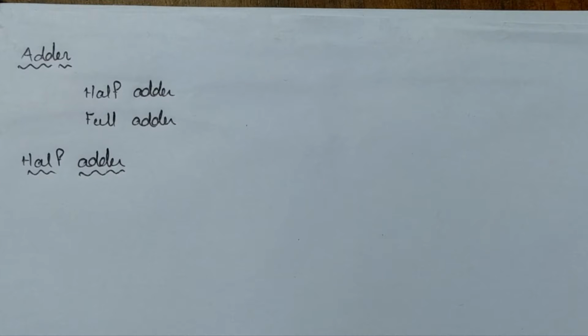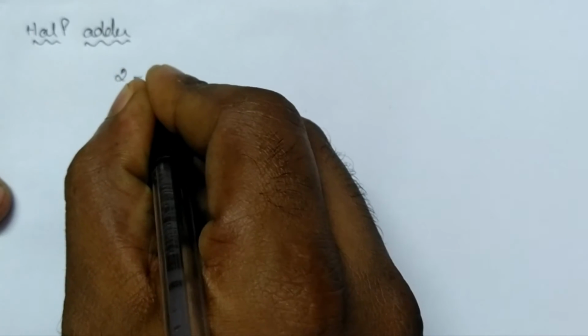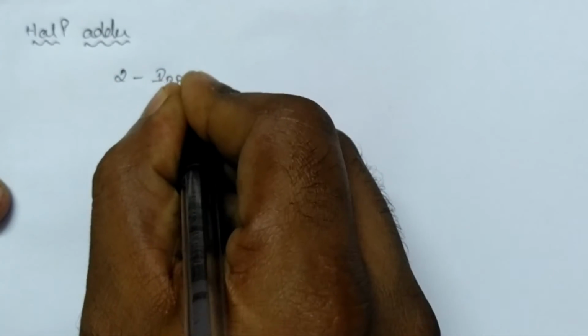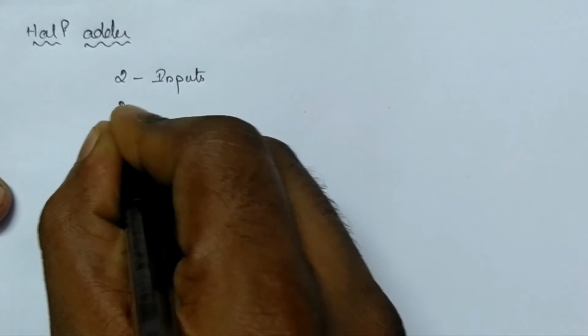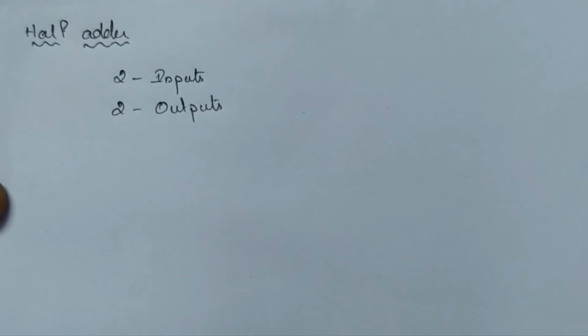By adding these we will get two outputs. One is sum, another one is carry. So here we are having two inputs and two outputs. First we are going for the truth table.